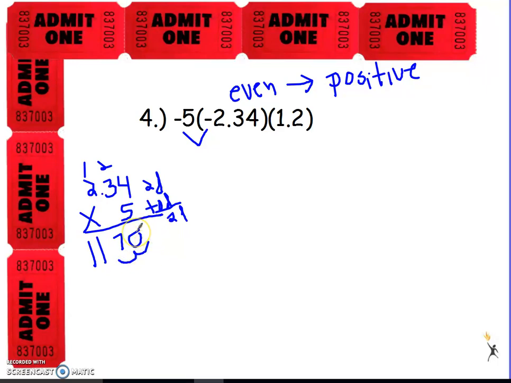So we're going to hop it 2 places to the left. We're going to get positive 11.7 times 1.2.